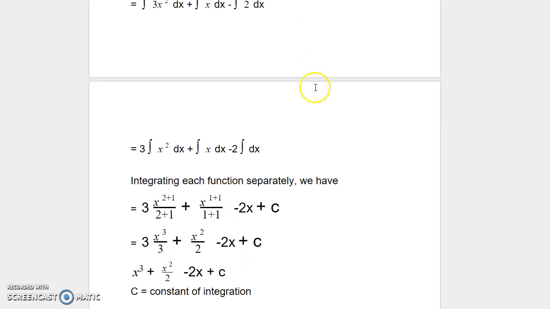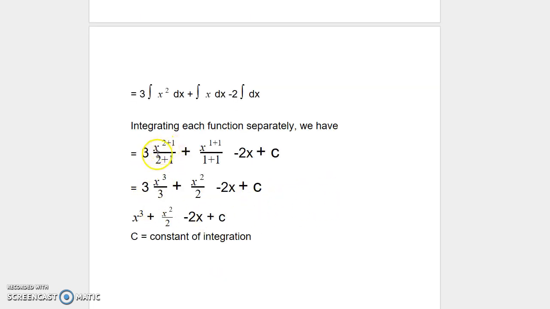Okay, so let's go back to our example here. 3 times x to the power of 2 plus 1 divided by 2 plus 1, plus integral x dx converts to x to the power of 1 plus 1 divided by 1 plus 1, minus 2 integral dx. That integral dx converts to just x, plus c, the constant of integration.